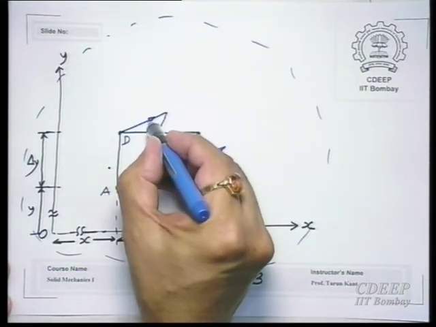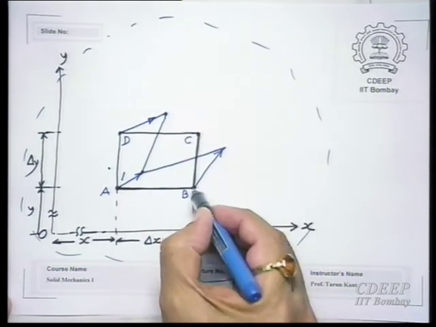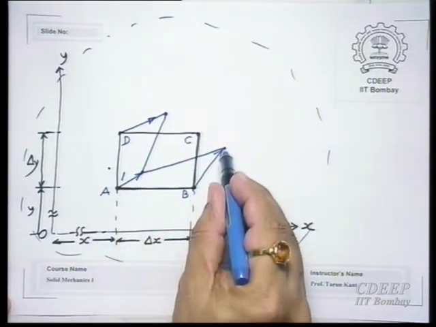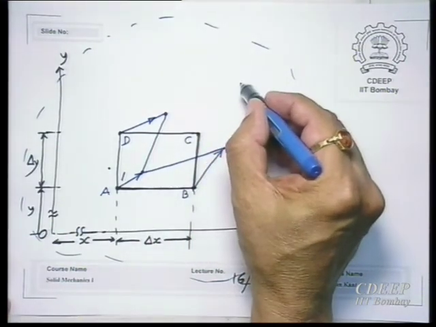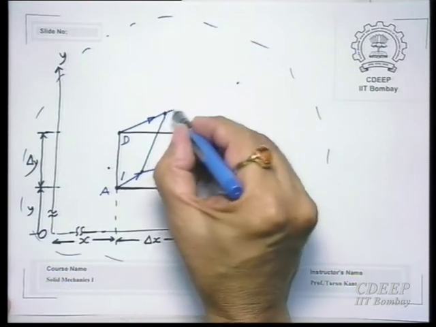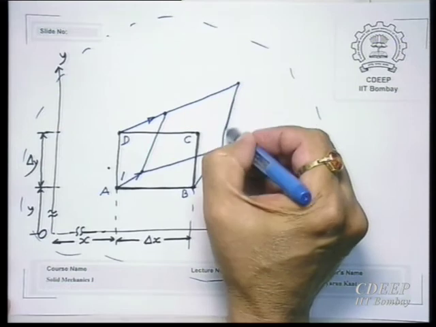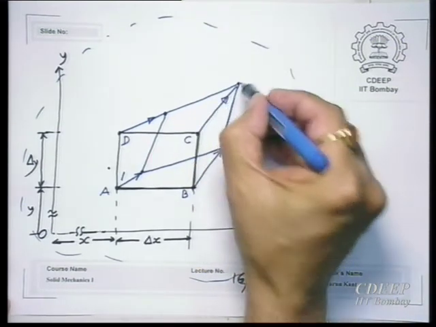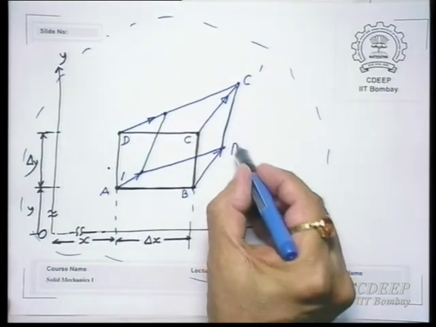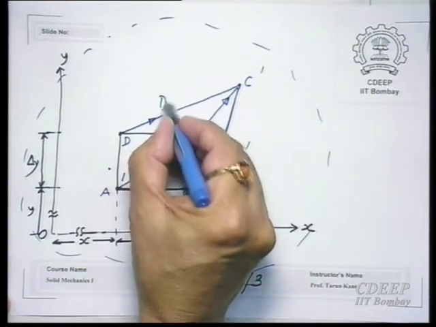D is here, so D has moved to D dash. So I am drawing those 4 points. A has moved to this point, B has moved to this, D has moved to this, and C has moved to C dash, which looks like this. So this is C dash, this is B dash, this is A dash, and this is D dash.